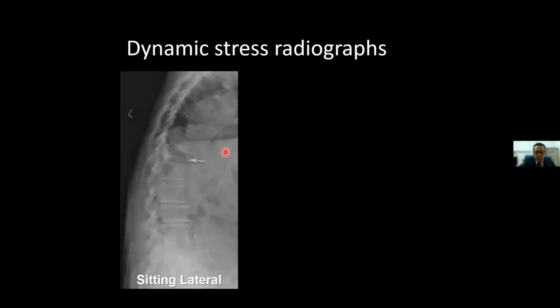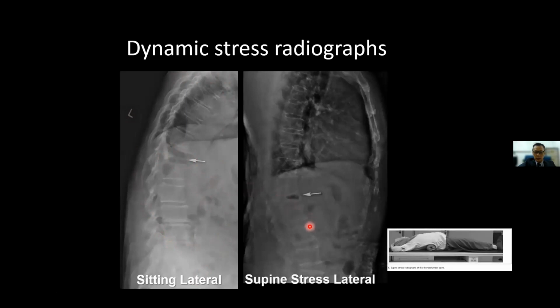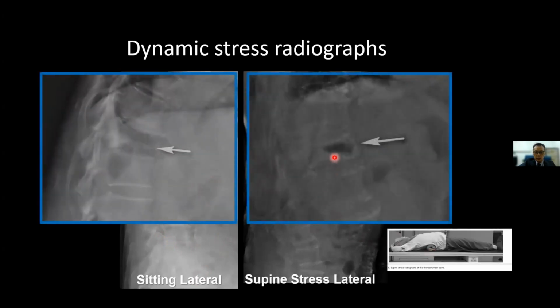In the sitting lateral X-ray, you will notice that there is a fracture here. When you do the dynamic X-ray with a bolster, this fracture will open up, revealing the cleft of the fracture.